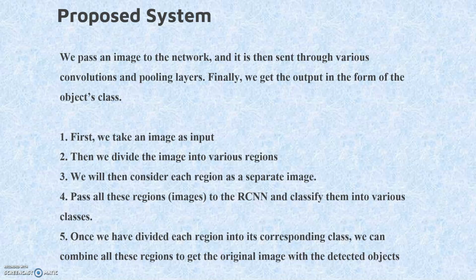Then we divide the image into a few blocks, and each block is considered as a separate image, and all these blocks are passed through the convolution and pooling layers, in which every block is extracted to find the properties and classified to recognize the objects within the block. Once we have divided each region into its corresponding class, after the objects are recognized, the output is displayed.